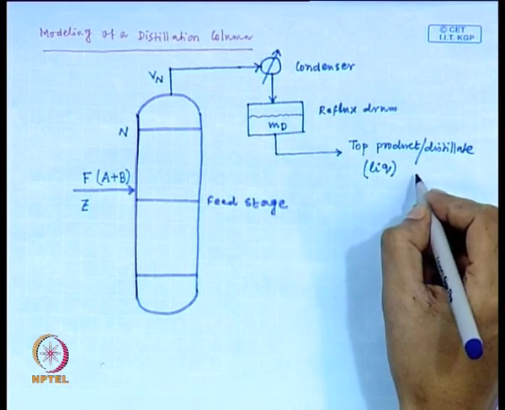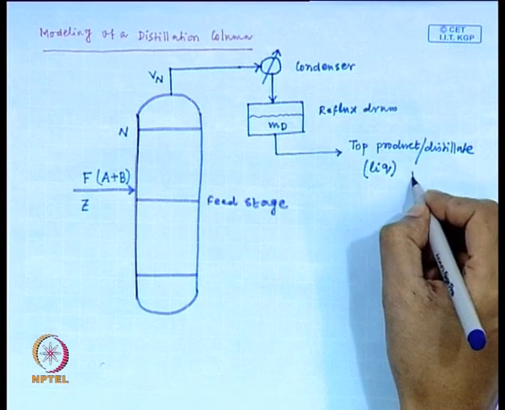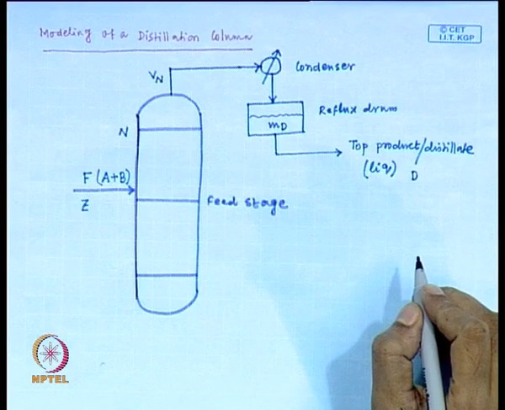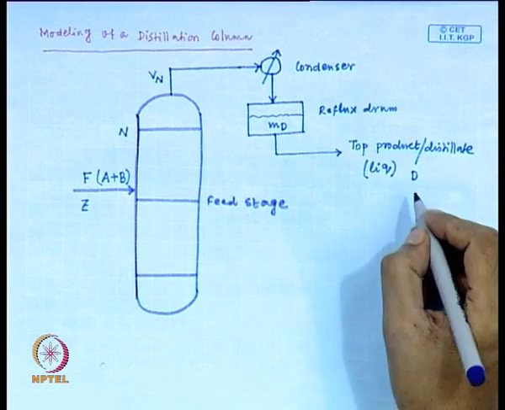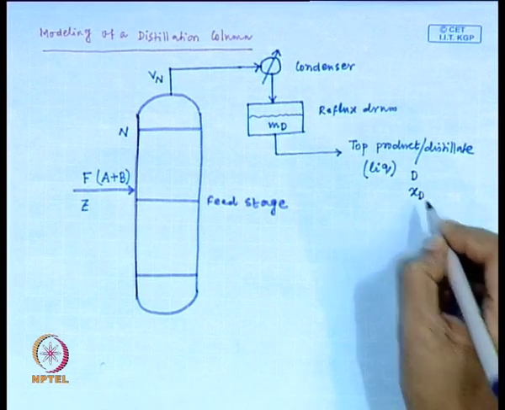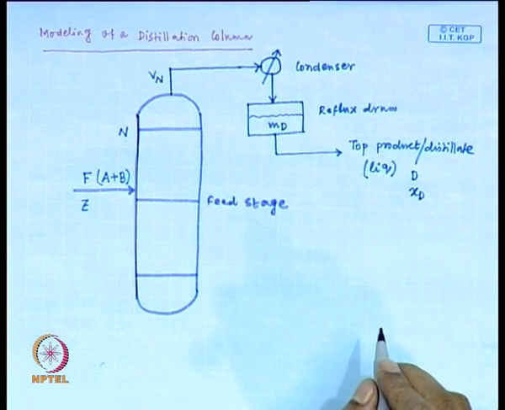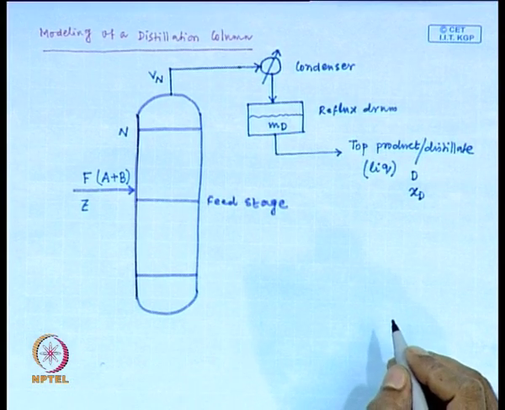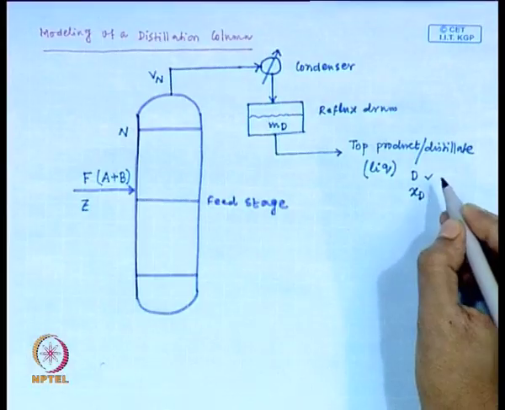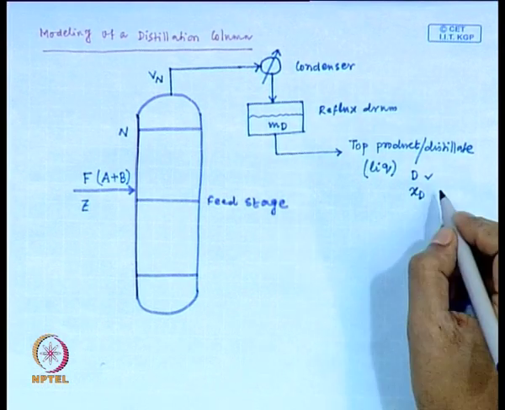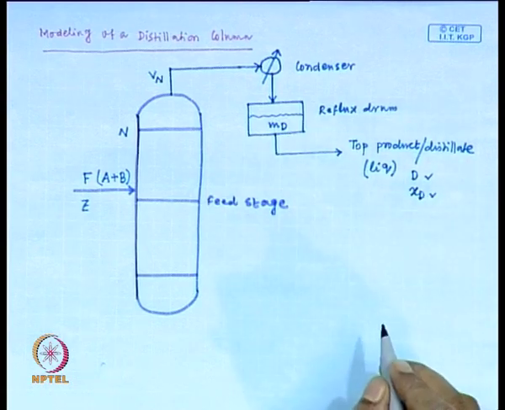Now, we will assume the flow rate of this distillate is D and composition is X suffix D. The top product flow rate we are representing by capital D and composition by XD.